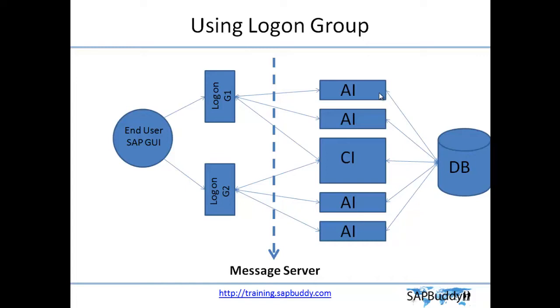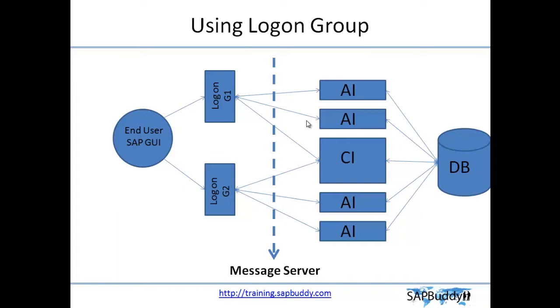At no point in time will they have a problem of not having resources. They have a reserved resource and they can also use the shared resources. This is the way you come to a conclusion about how to define your logon groups, based on users and region.